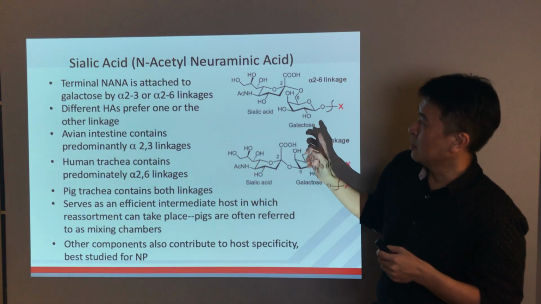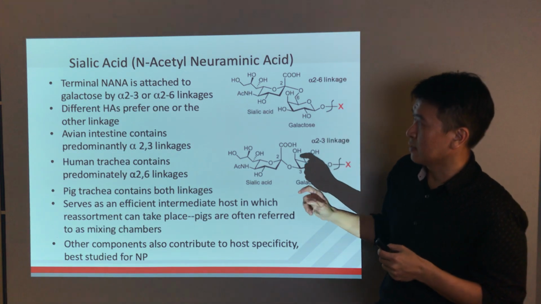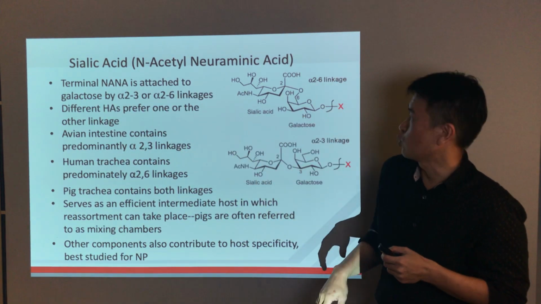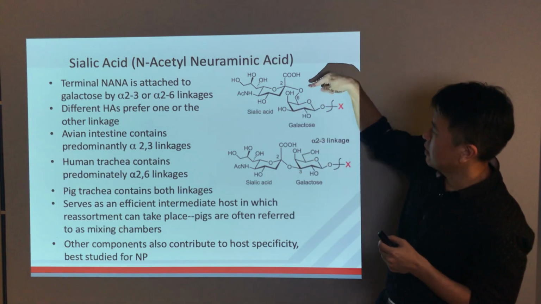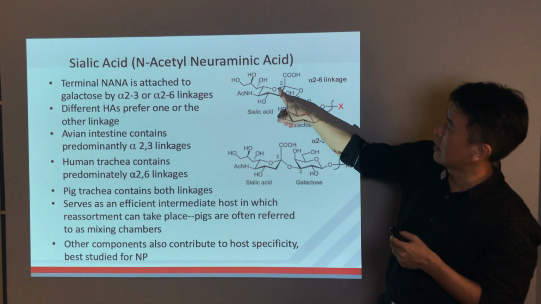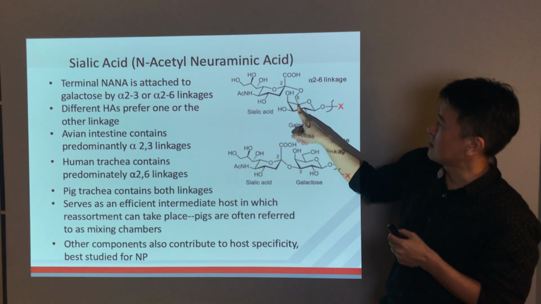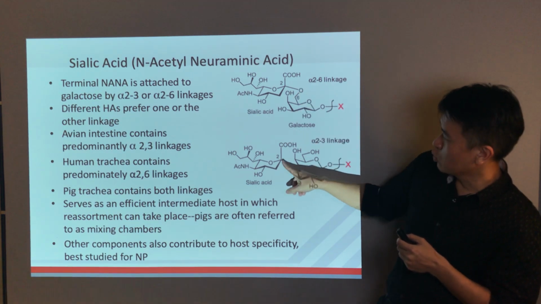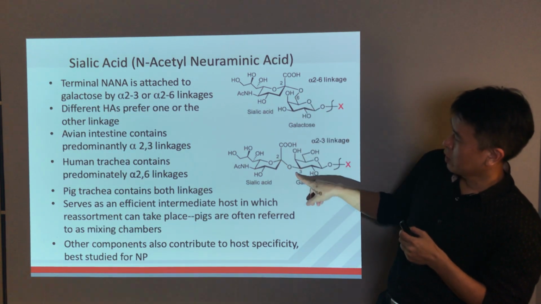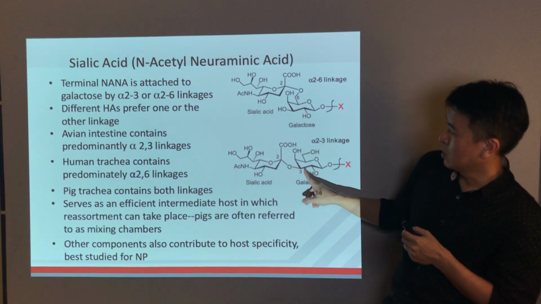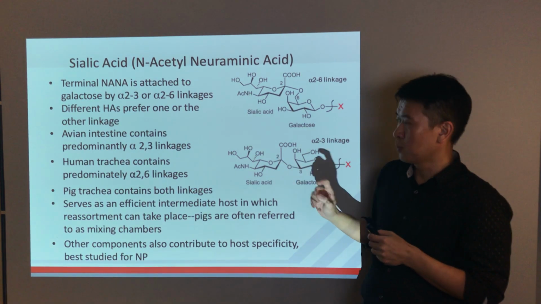What we can see here is there are two types of sialic acid: one is alpha-2,3 and the other is alpha-2,6. When you have 2,6, it means the sialic acid's carbon 2 is linked with the 6 carbon here, whereas 2,3 is here. So this is 2,3 and 2,6 linkage from the galactose.